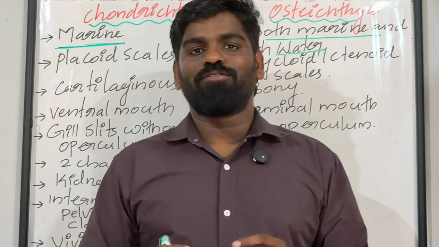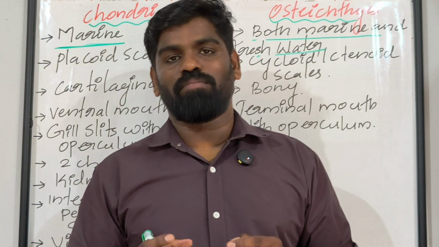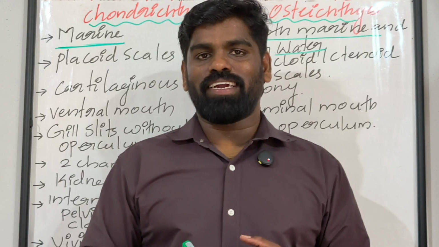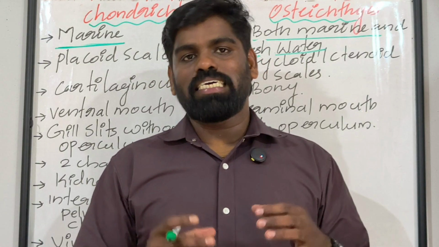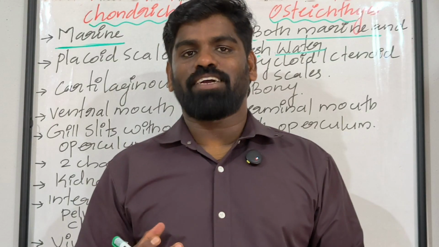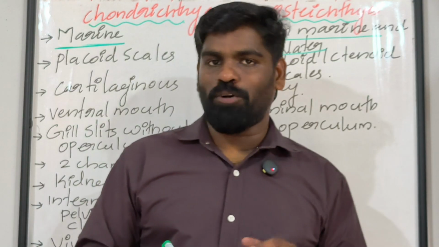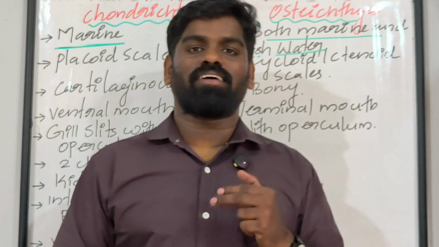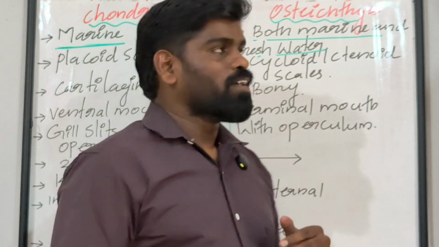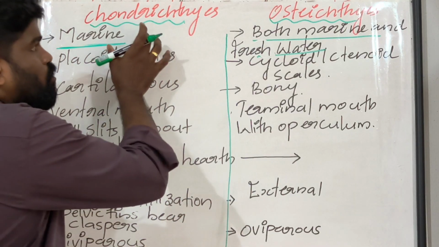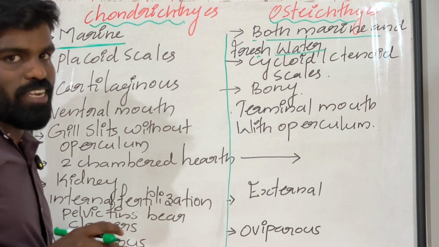Now today we are moving on to discuss Gnathostomata. As I have already told you, Gnathostomata is categorized into two superclasses, that is Pisces and Tetrapoda. In Pisces itself, the classes Osteichthyes and Chondrichthyes are there. So here we are going to discuss the characteristics of Chondrichthyes and Osteichthyes.